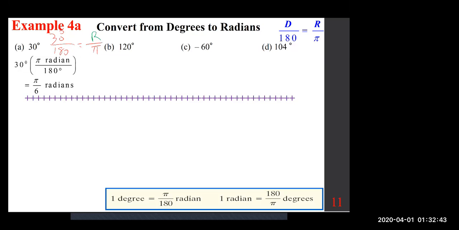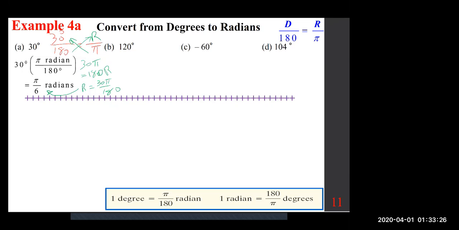R. So you write R. Now if you do the cross product, you get 30 pi equals 180 R. And R is 30 pi divided by 180. And as you can see, is the same as pi over 6.